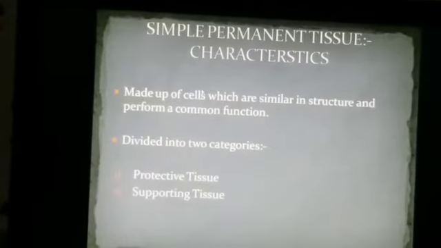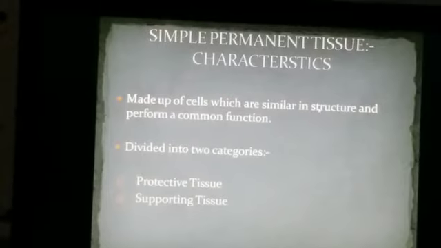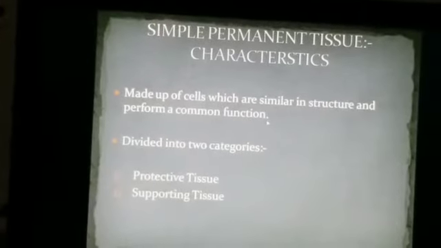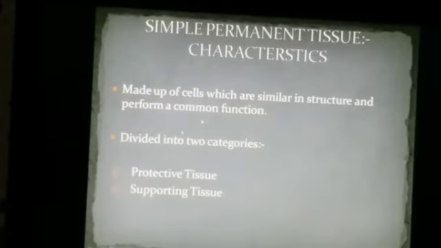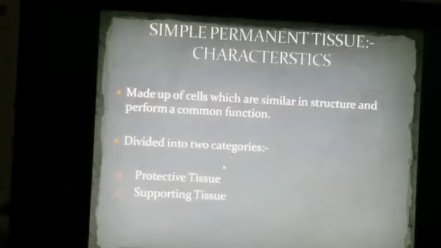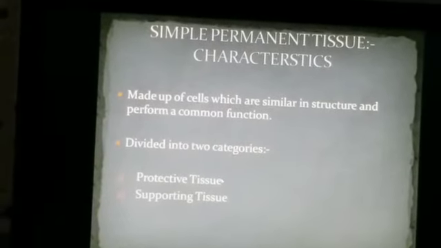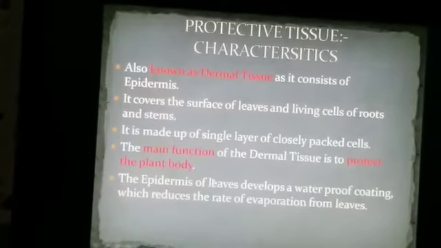Simple permanent tissue is made up of cells which are similar in structure and perform a common function. All the cells do one common function only. Simple permanent tissue is divided into two parts.